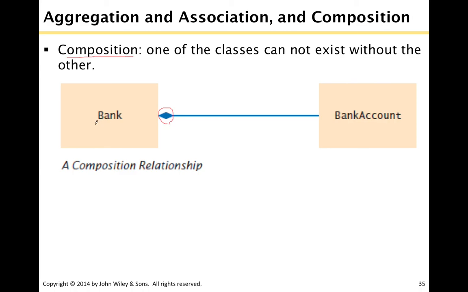The meaning is that the bank owns a bank account exclusively, not shared by any other object or class. So that's called composition, a special case of aggregation. Aggregation then means that the owner has something but that could be shared. That's aggregation.